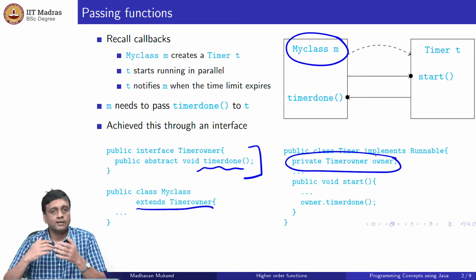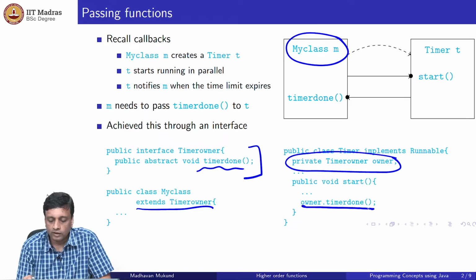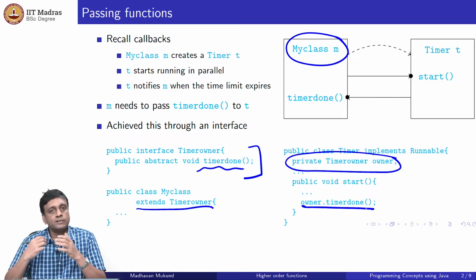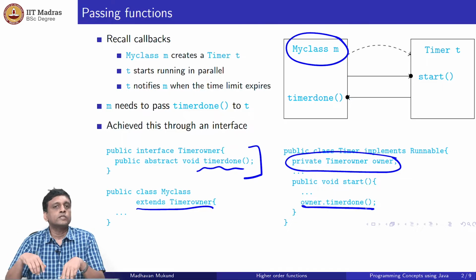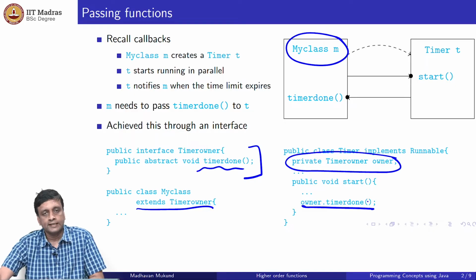It is part of the constructor of that object. If you remember, we pass the name of the owner. So when it is done, it can take this owner, and knowing that it implements this interface, it knows this function is there. So the function is not passed directly, it is rather passed through an object which knows how to implement the function. That is how higher order function passing is done in a typical object oriented setting, and that is how it is done in Java.